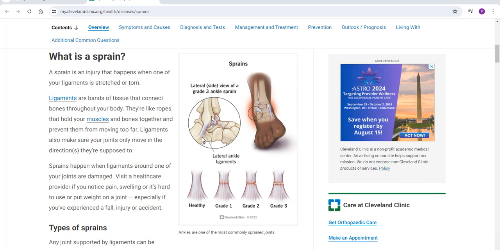These ligaments are torn and it becomes painful. We usually call it a ligamentous sprain. Here we have a healthy ligament, grade 1, grade 2 and grade 3, where the ligament is torn or cut. This is the grade 3 ligamentous tear.